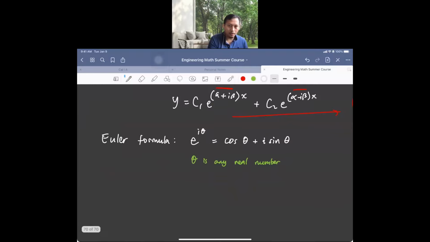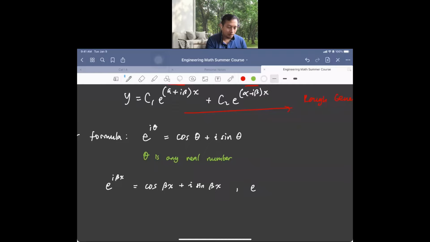Now, it follows that if we have e to the i beta x, let's say beta x, this will be cosine beta x plus i sine beta x.